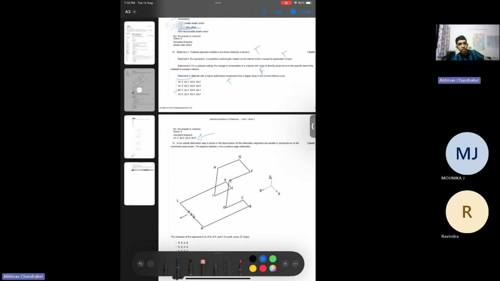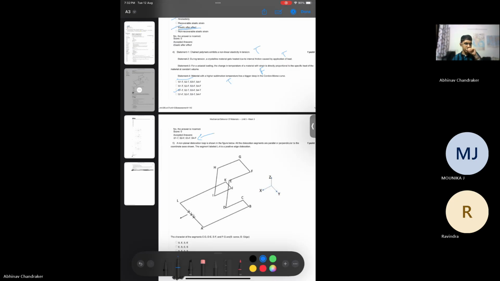Here you have a non-planar dislocation loop. All the dislocation segments are parallel or perpendicular to the coordinate axis. L2A is a positive edge dislocation. The character of segments C, D, E, F, G is asked.